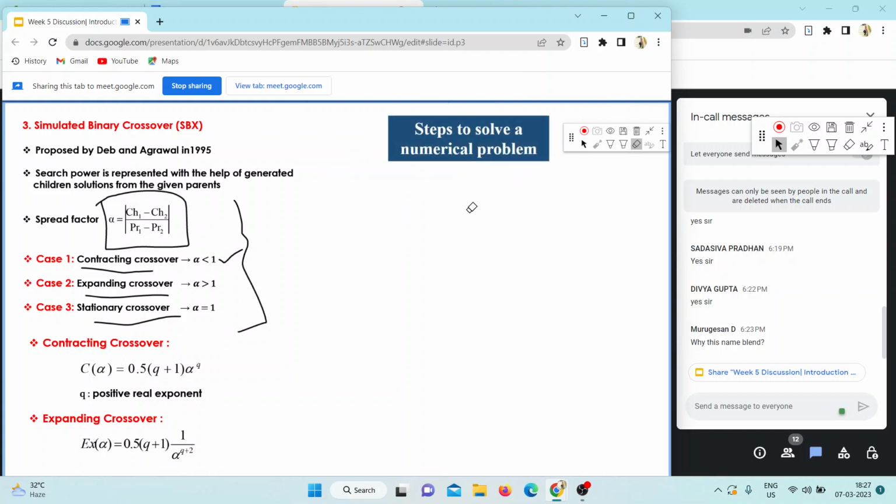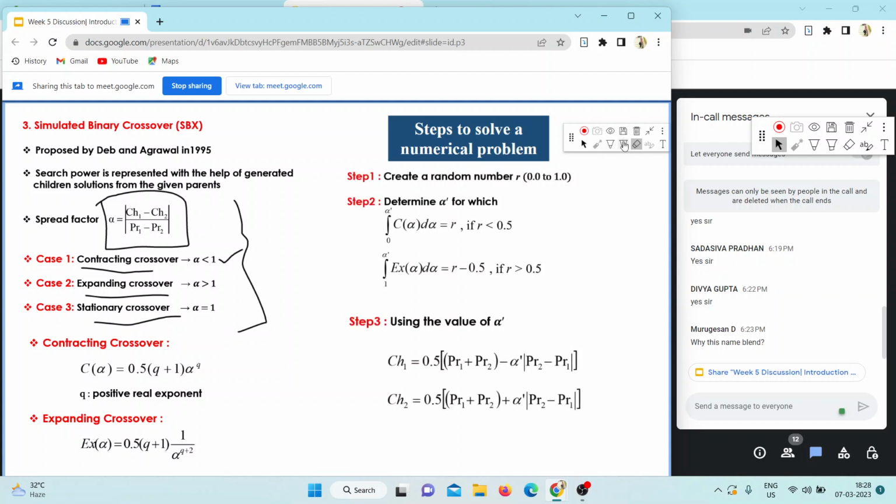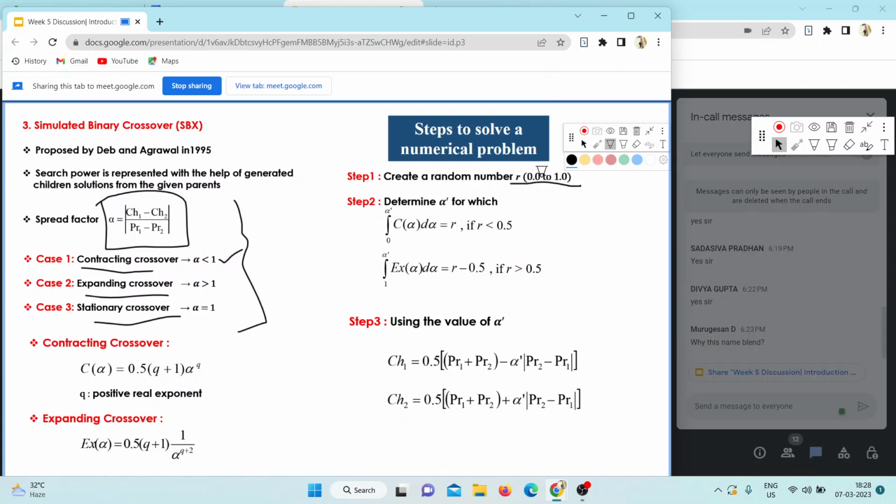To get the children solution, first you have to choose a random value of r between 0 and 1. Then you put this formula and determine this alpha dash.